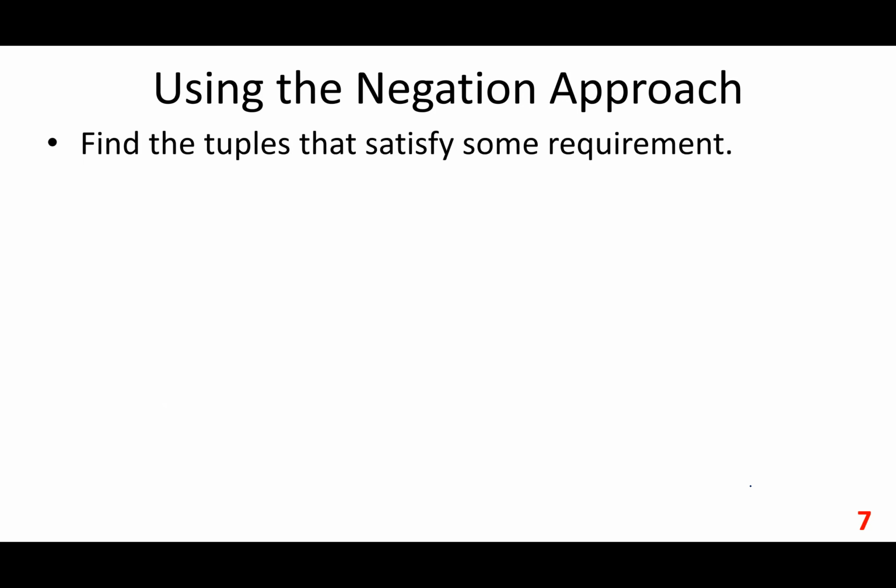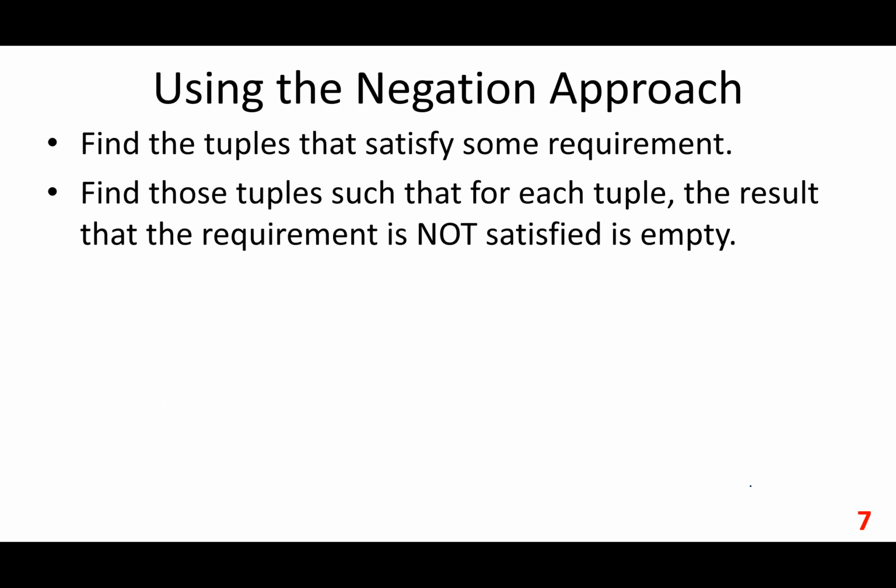All right. Using the negation approach. Find the tuples that satisfy some requirement. Right? Find those tuples such that, so here, the first sentence is the goal. Is our goal. We want to find tuples that satisfy some requirement. In order to achieve this goal, we use the negation approach.